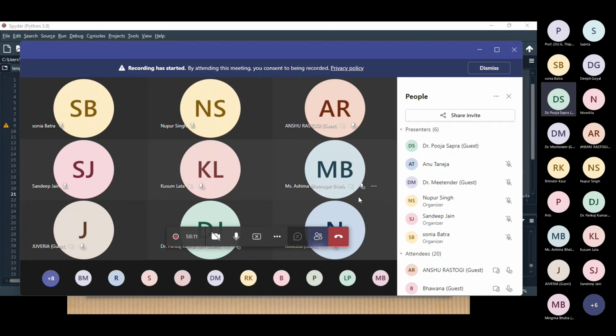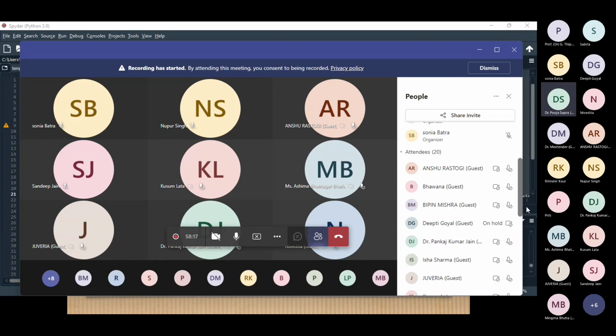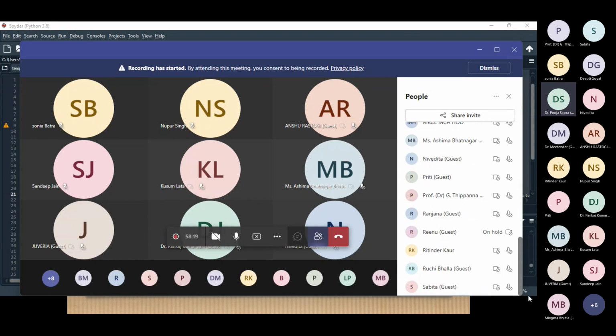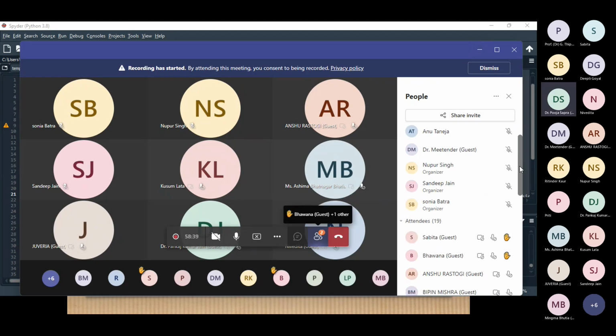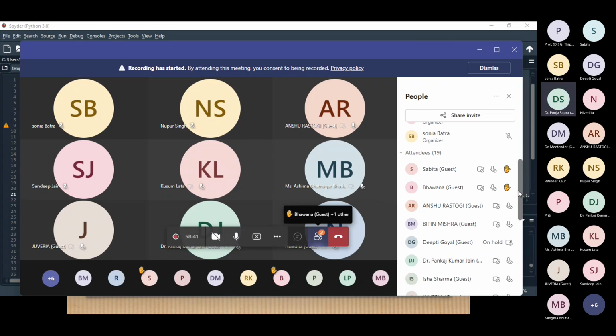I should share the screen and data next. Okay, raise your hands if it is clear to you, k nearest neighbor. Okay, thank you, Sabita ma'am. Thank you so much, Bhavna ma'am.